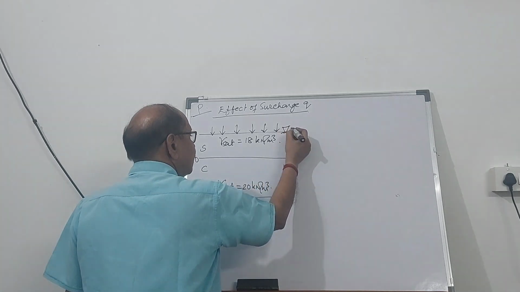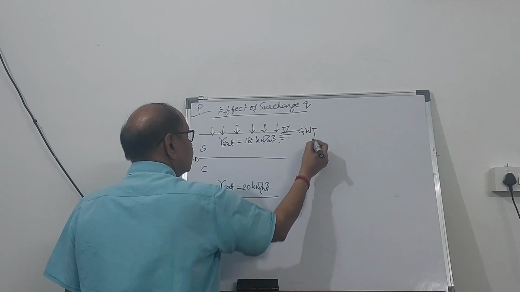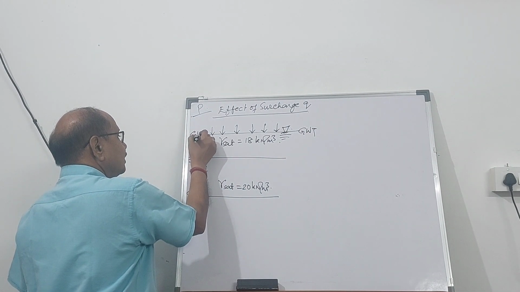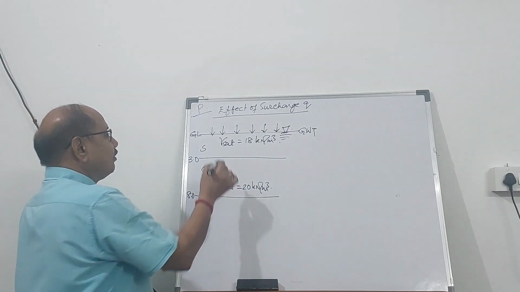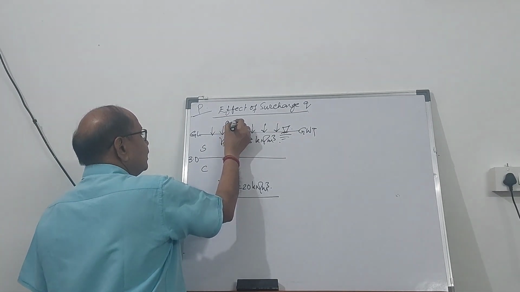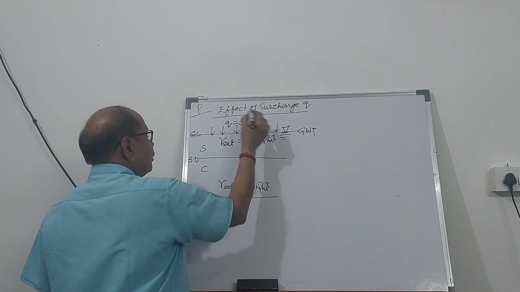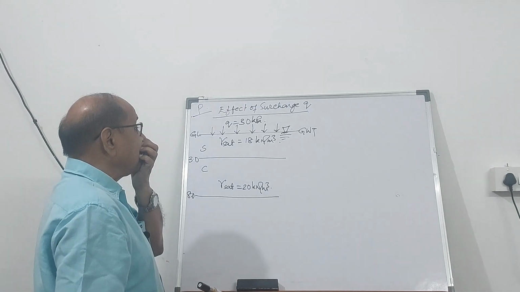The water table, groundwater table, is touching the GL, ground surface or ground level. So this is the problem. And the value of Q, surcharge, is 30 kilopascal. So how will you solve this problem?